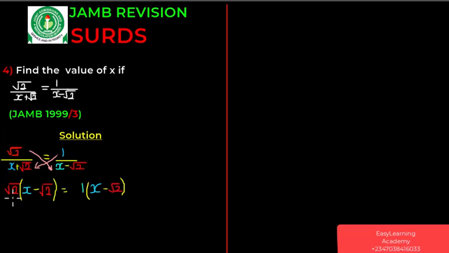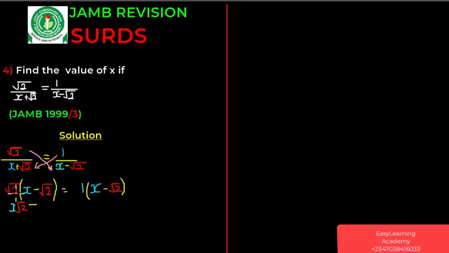So square root of 2 multiplying x, that will give us x square root of 2, and square root of 2 times square root of 2 will be 2. We have a sign here, so the plus that we have here times minus here is minus. Good.